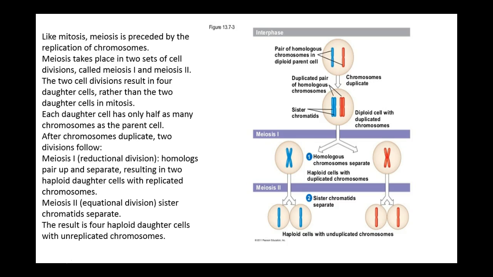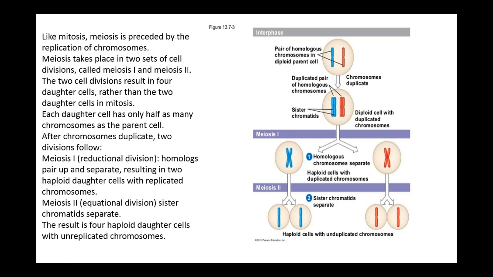Meiosis 1 is a reductional division: homologs pair up and separate, resulting in 2 haploid daughter cells. The reason we call them haploid daughter cells is that they do have a cohesion of 2 chromatids together, but they're identical chromatids, so it's not a diploid cell.